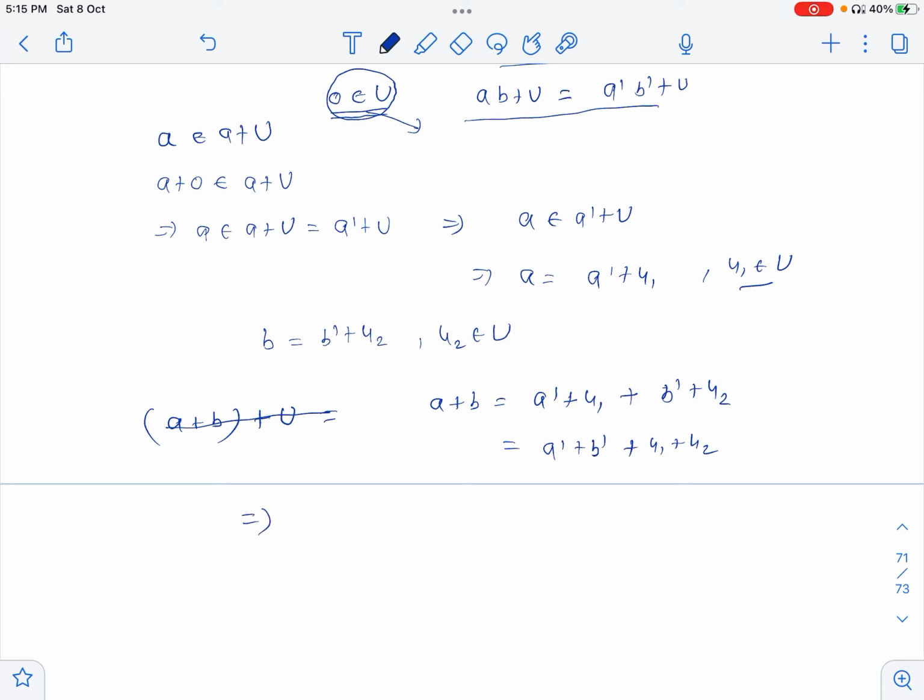That implies, taking a dash plus b dash to the left hand side, a plus b minus (a dash plus b dash) is equal to u1 plus u2.